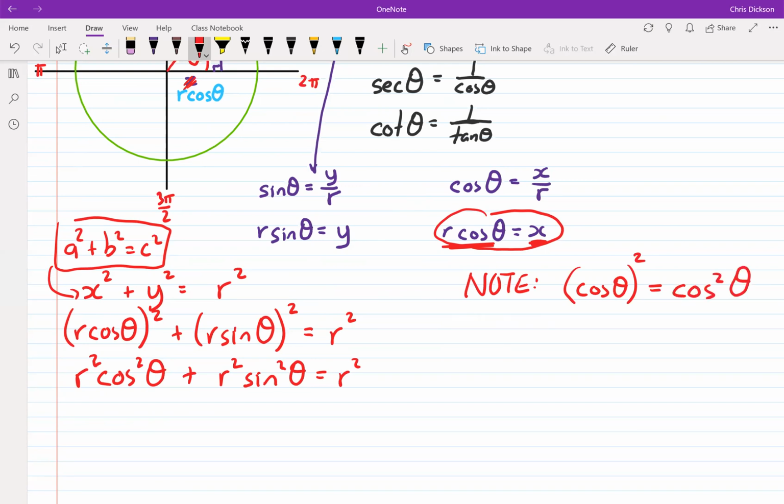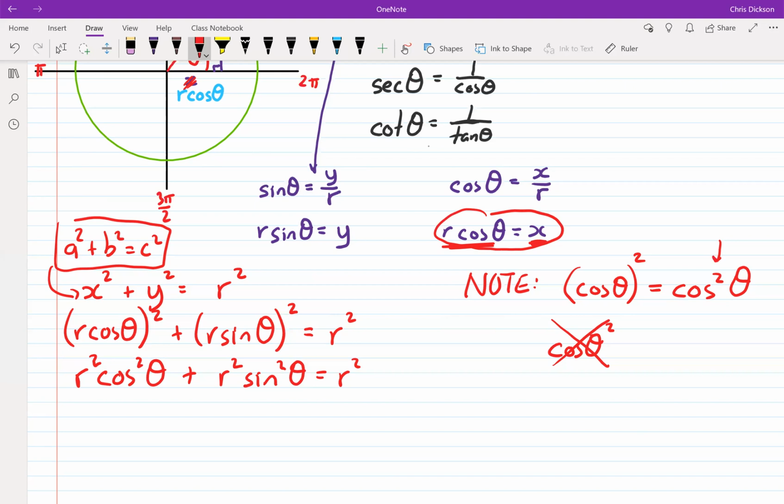We don't write it the other way, because that actually means the angle is being squared. So this way of putting the power in there means cos theta all squared. So here we have R squared cos squared theta plus R squared sine squared theta.